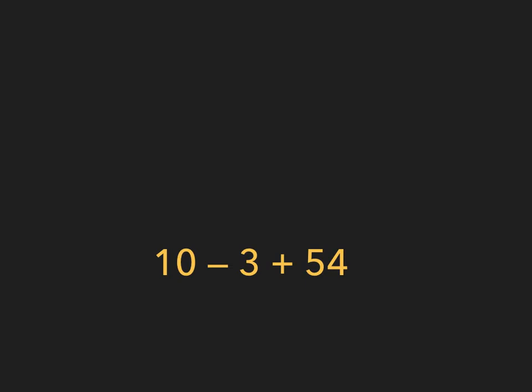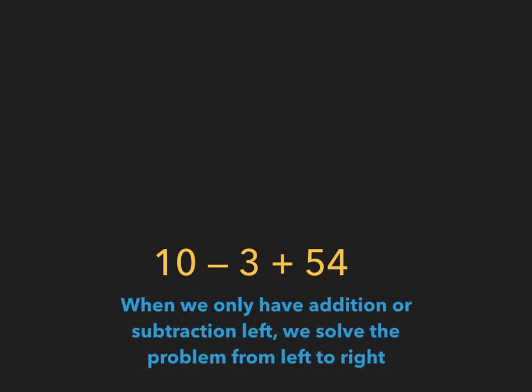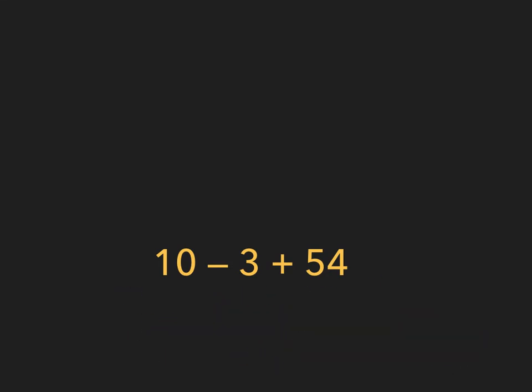Now here is an interesting thing to know. When we only have addition or subtraction left, we can now solve the problem from left to right. Even though the order of operations, or PEMDAS, tells me that addition can be next, that AS in the end of the problem tells me that I can add or I can subtract, depending upon what comes first in my problem.